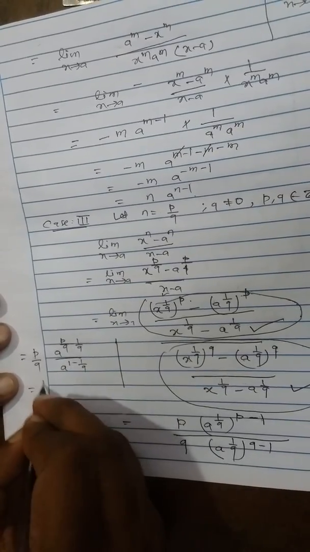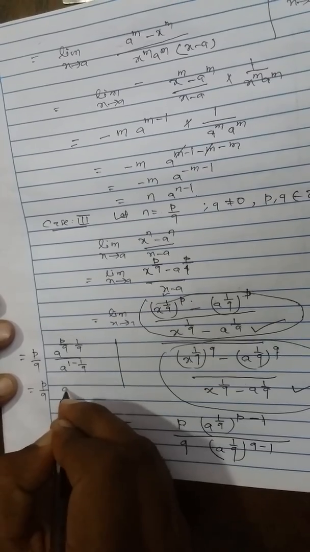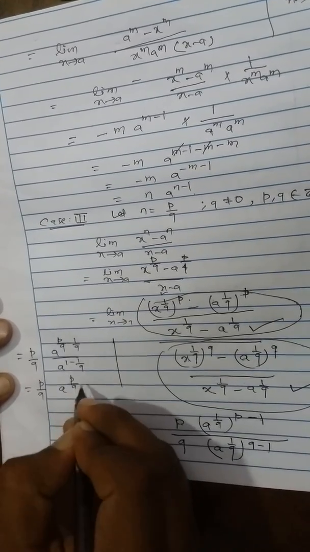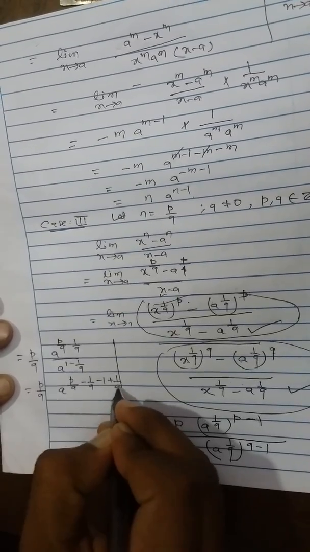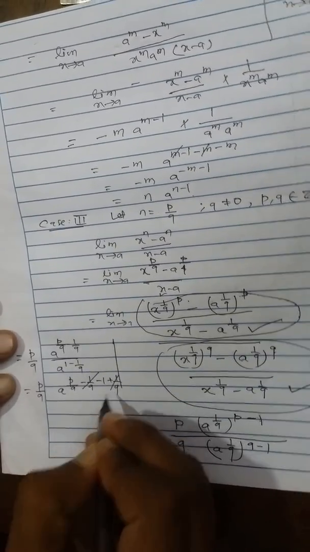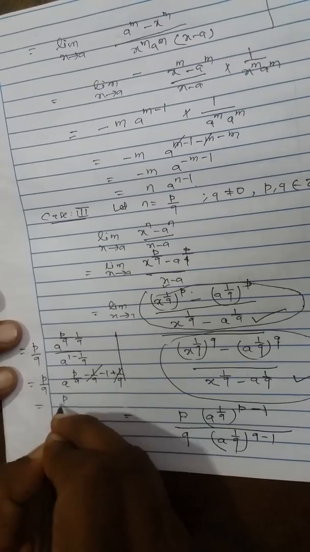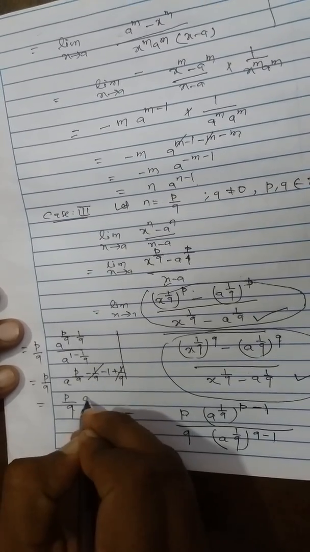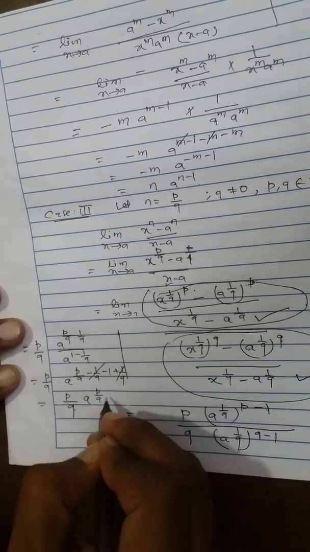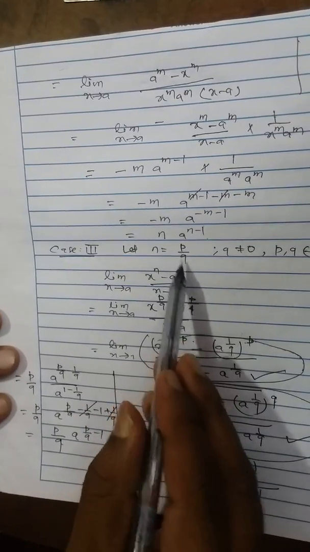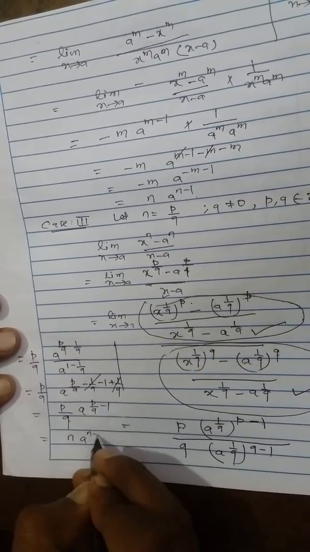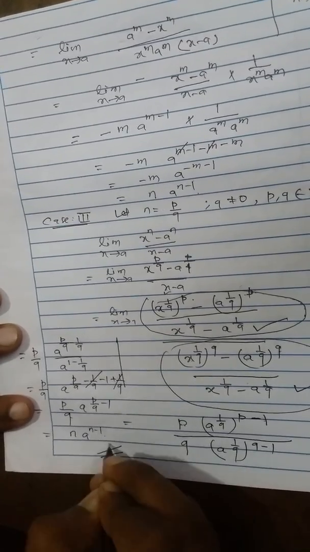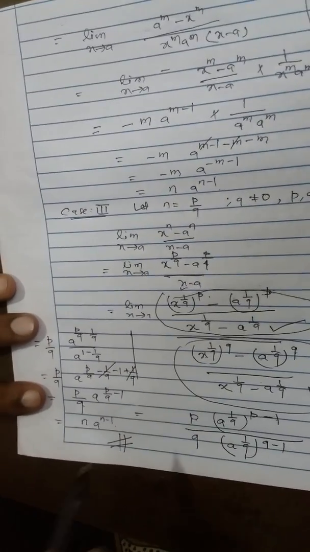Again by the rule of indices, p upon q as it is, it becomes a to the power p upon q minus 1 upon q minus 1 plus 1 upon q. The 1 upon q terms cancel. You will be left with p upon q, a to the power p upon q minus 1. And since p upon q is n, this result becomes n into a to the power n minus 1. And that's the theorem. We have proved the theorem in all the cases.